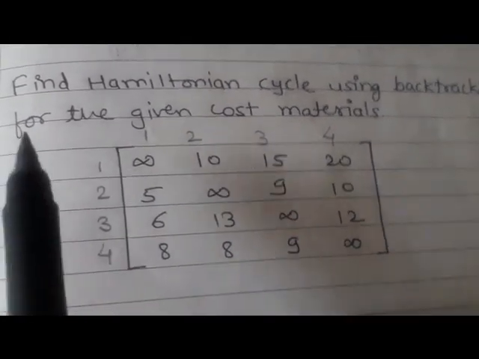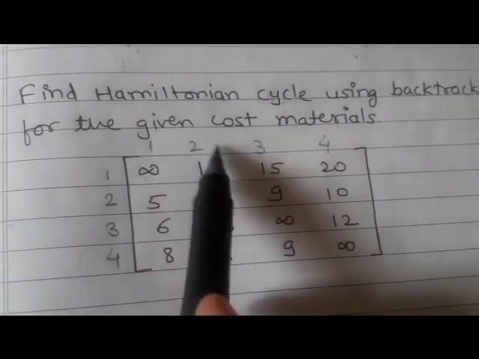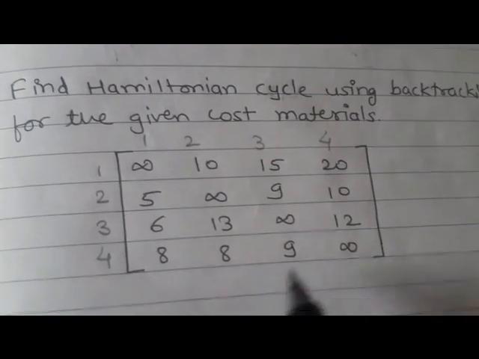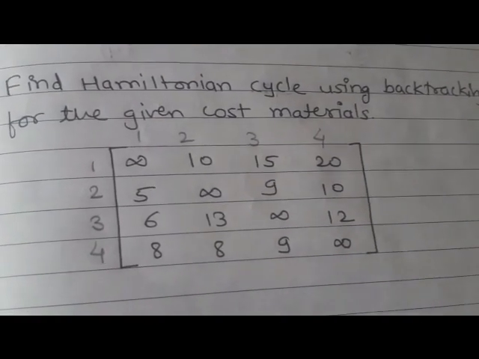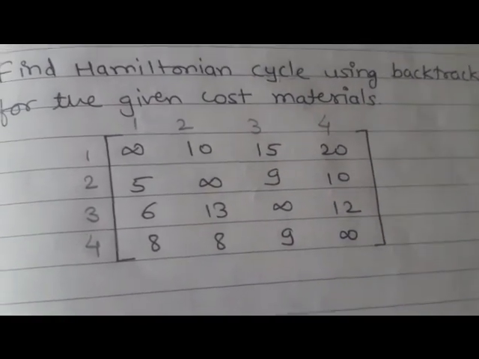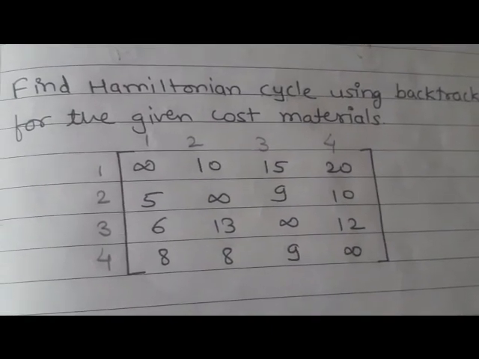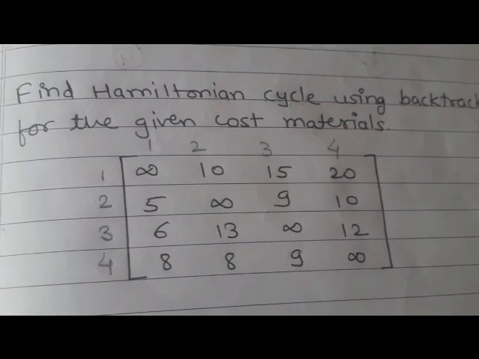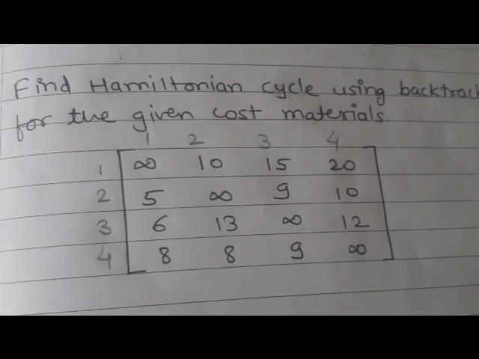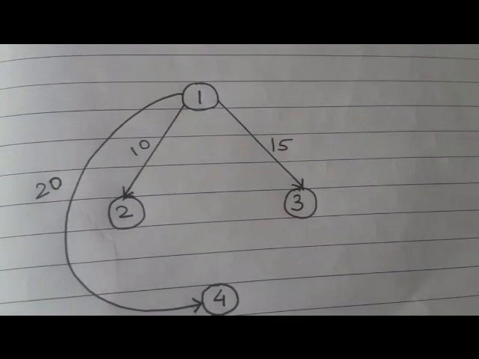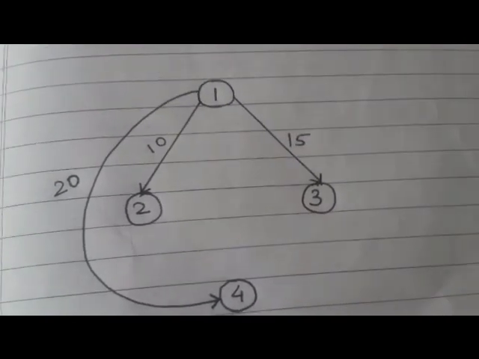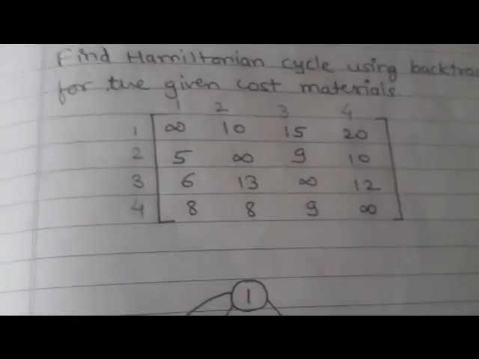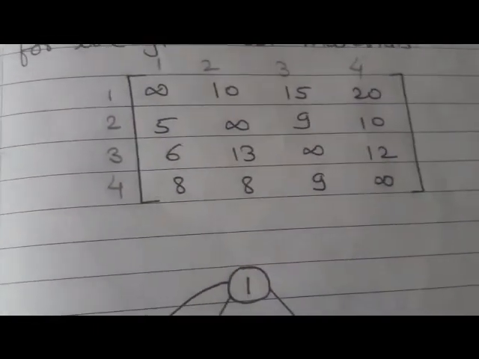From that we can see that there are a total of 4 vertices, and this shows the graph is a directed graph, and we have to draw this graph in such a way that no edges overlap each other.